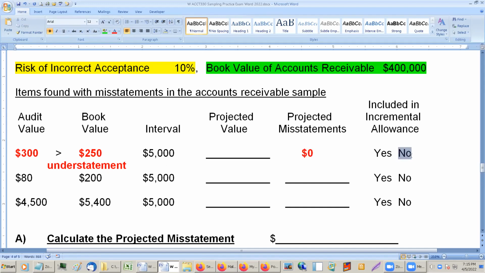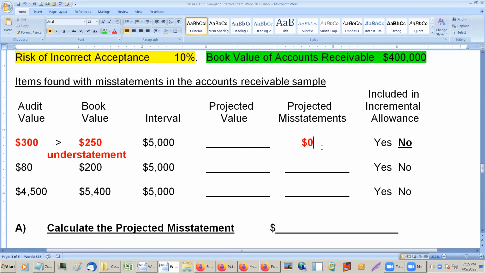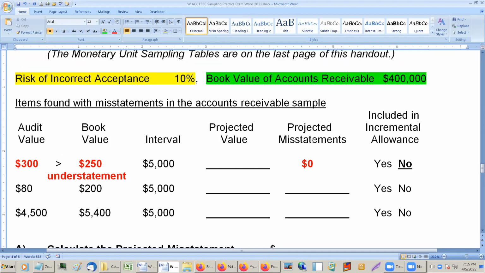Does it include the incremental allowance? No. And it wouldn't matter if it was, because there's 0 misstatement. If you multiply anything by 0, it's not going to make any difference. So it's 0.